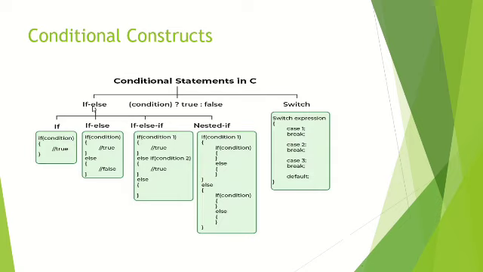An if-else statement runs one block of code if the condition is true and another block if it's false. An else-if statement checks multiple conditions in order, and the first true condition's block is executed.